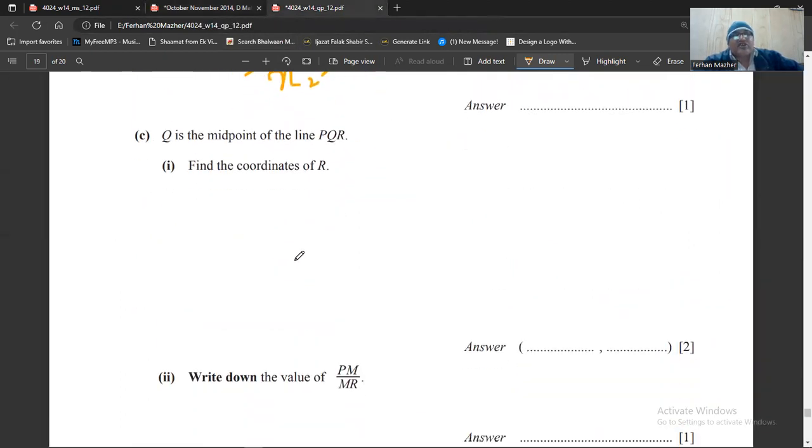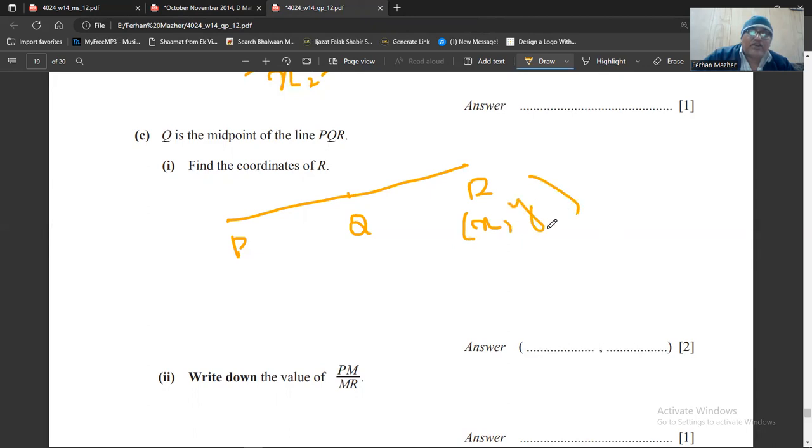Then their question is Q is the midpoint of the line PQR. Find the coordinates of the R. Okay. So they are talking about, here you have the P, here you have the Q, and here you have the R. I know the coordinates of the P, I know the coordinates of the Q, but I don't know the coordinates of the R. But the Q is now the midpoint of the PR.